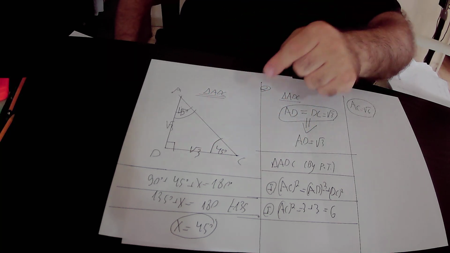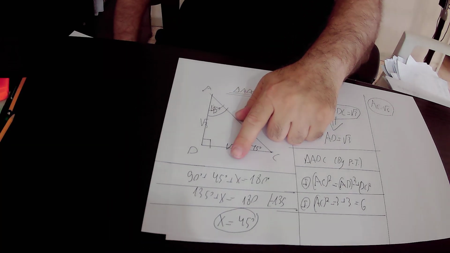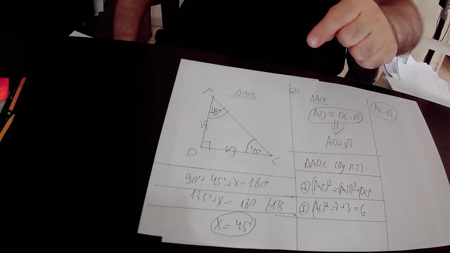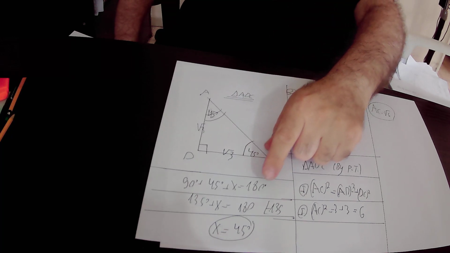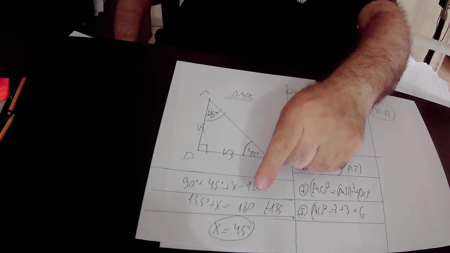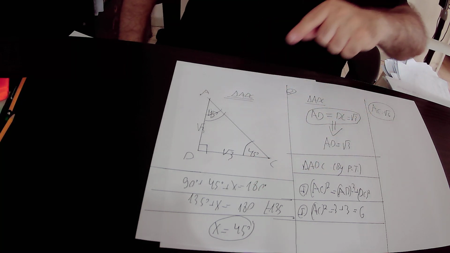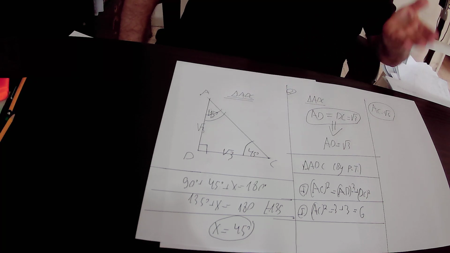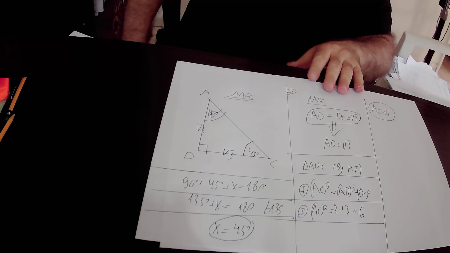In total, the sum of those three angles must be equal to 180 degrees. So here, 90 degrees plus 45 degrees is 135 degrees, and 135 degrees plus x in total must be equal to 180 degrees. We subtracted 135 degrees from this equation and found out that the missing angle x equals 180 degrees minus 135 degrees. It is equal to 45 degrees.